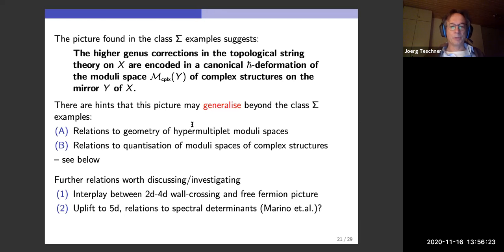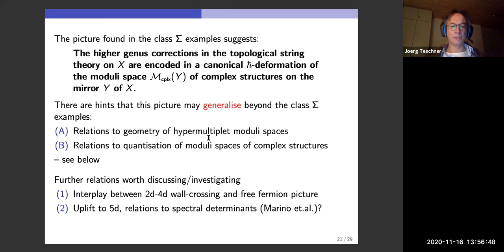One thing I want to stress is that this way of describing it, I more and more believe, has a good chance to generalize between this class of examples, because it uses structures that exist in the problem in much larger generality.